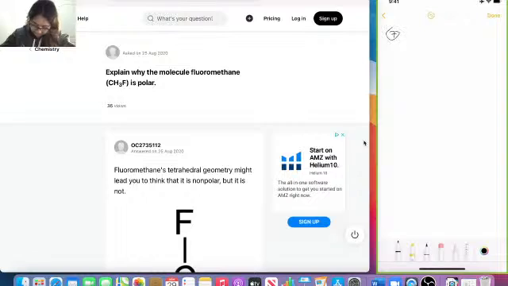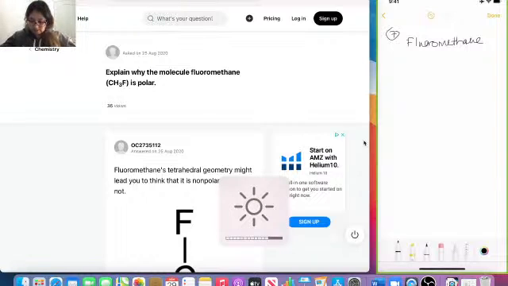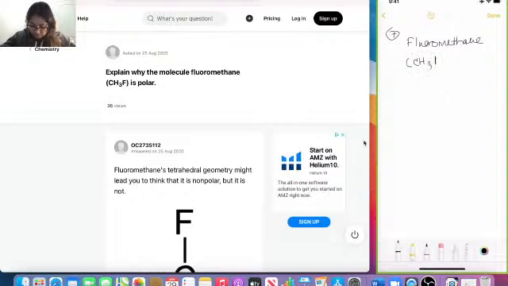So our next question here says, explain why the molecule fluoromethane CH3F is polar. So fluoromethane, okay, and so this is the way you write it, CH3F.